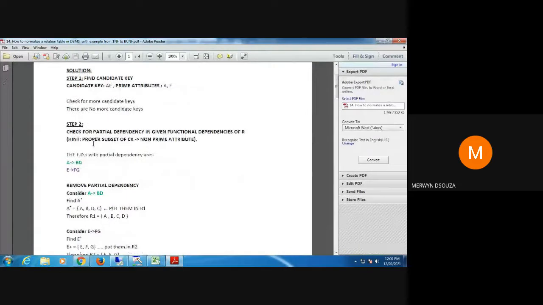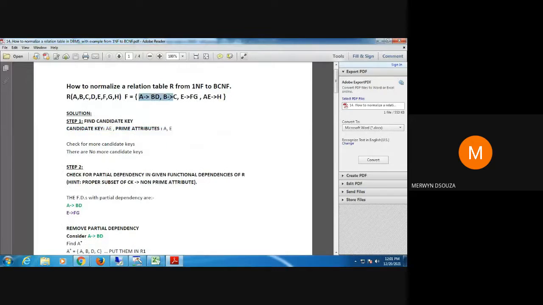So after finding the candidate key, you check for partial dependency, that is, whether R is in second normal form. You check each functional dependency for a partial dependency.